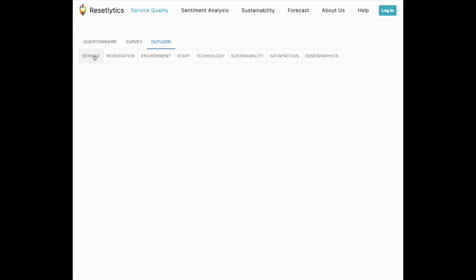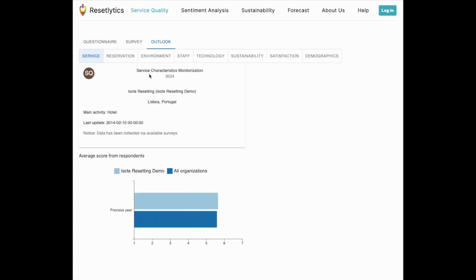Then looking at the outputs, you can see here the evaluation of the company, which is in light blue, versus all other organizations, which might be competitors or not.